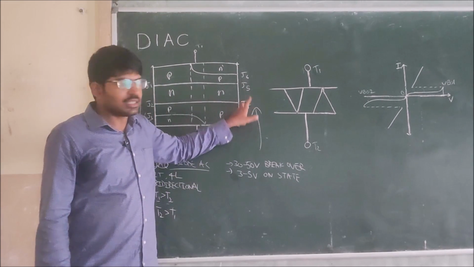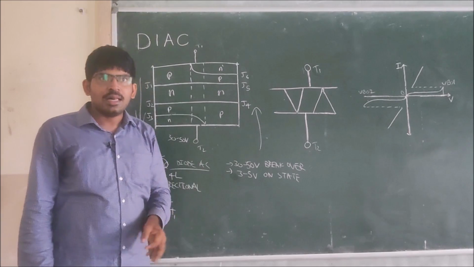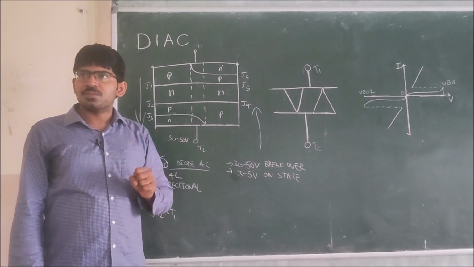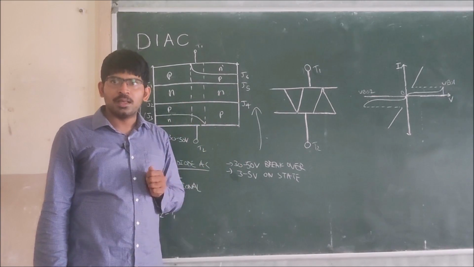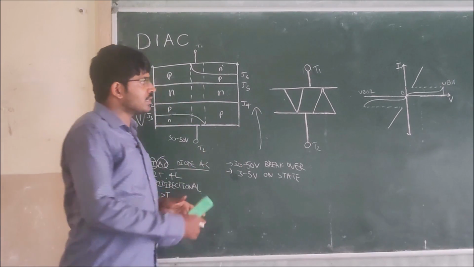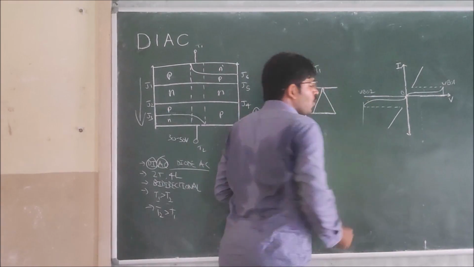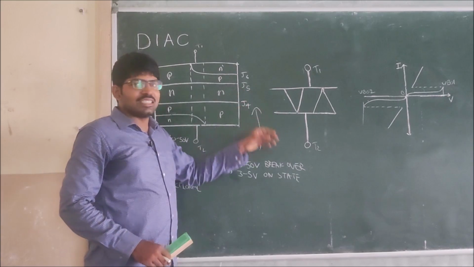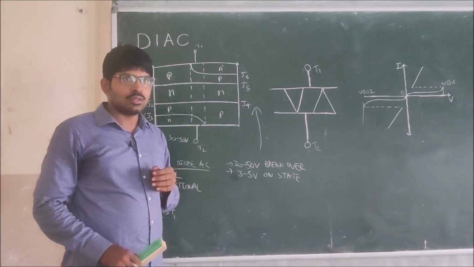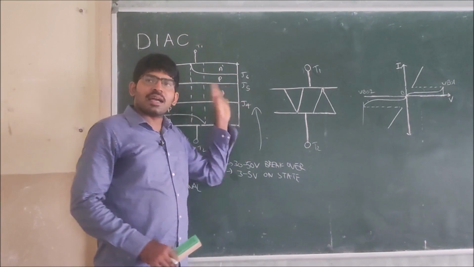J4 is forward biased, similarly J6 is forward biased. J5 is reverse biased. When we increase the T2 voltage more until the breakover voltage is reached, at that time junction J5 breaks down and the diac conducts.